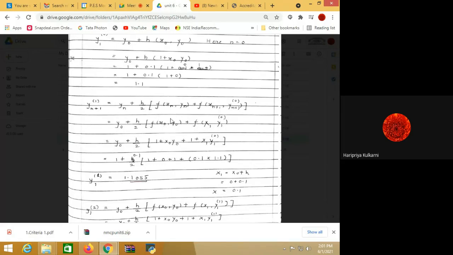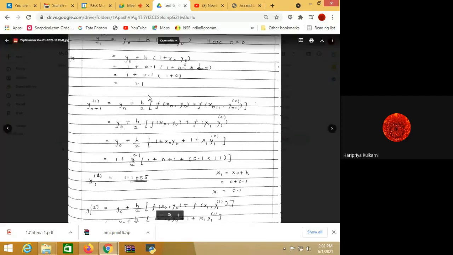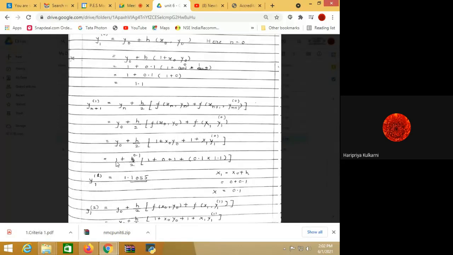Now the function is 1 plus xy. So I have put here 1 plus xy. Here x0 is 0 and y0 is 1, so it will be 1 plus x1 y1. The y1 we just calculated is 1.1, so we are going to put that here. h is known to us, y0 is already given.